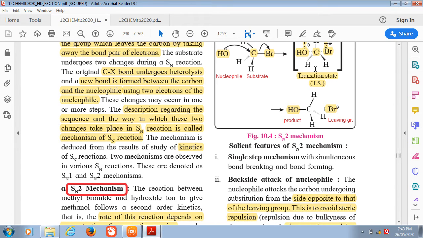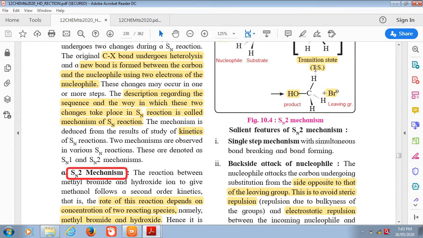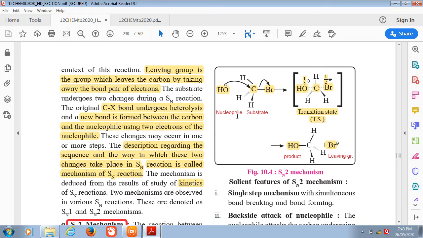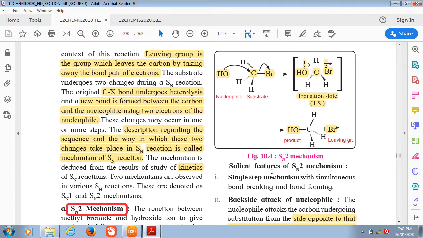Now we have to check the features of this SN2 mechanism. If you observe this, the attack of the nucleophile and breaking of the carbon-Br bond take place simultaneously. So that's why it is a single step mechanism with simultaneous bond breaking between C-Br and bond forming between C-OH.